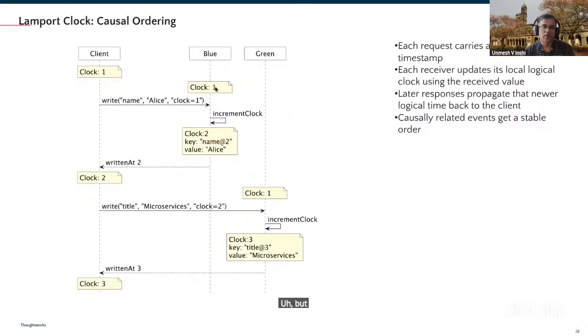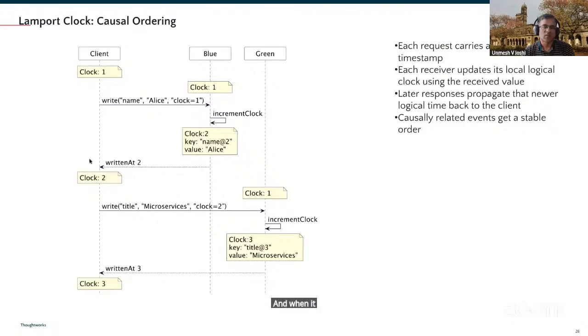But it picks up whatever is the highest, increments it by 1, and then stores that as its current value. And it also uses that as the version to store the write value. So this name, you can see, is stored at version 2, and this logical counter is also incremented to 2.